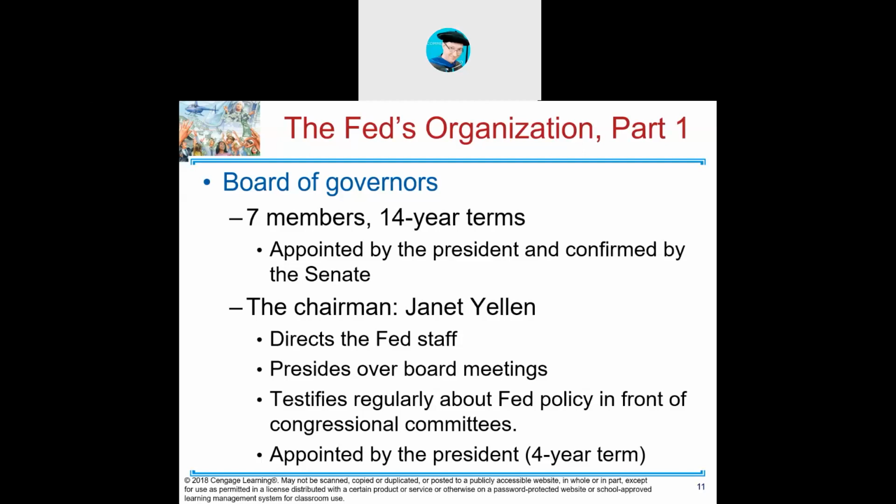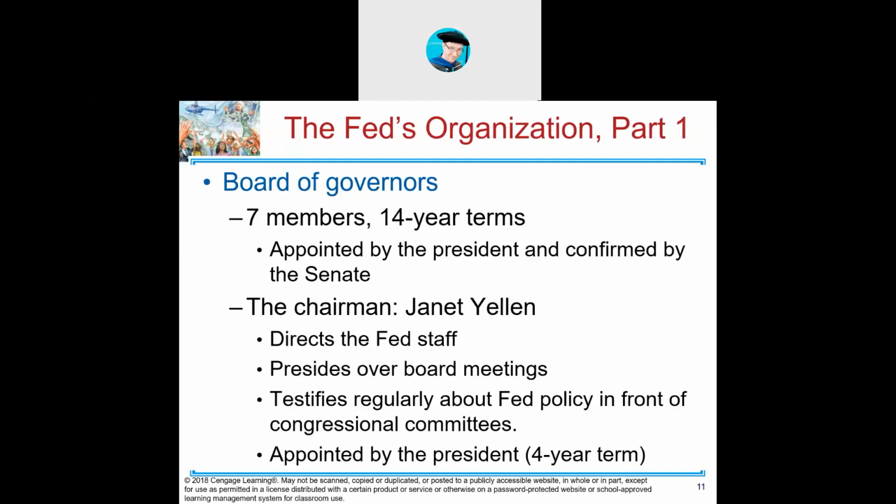Janet Yellen, currently in this year, 2021, is in a higher position. She's the chief economic advisor, I think, or something along those lines. She's at the White House level, yeah. But the current chairperson is Jerome Powell.